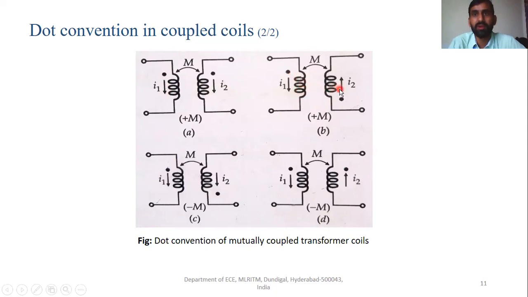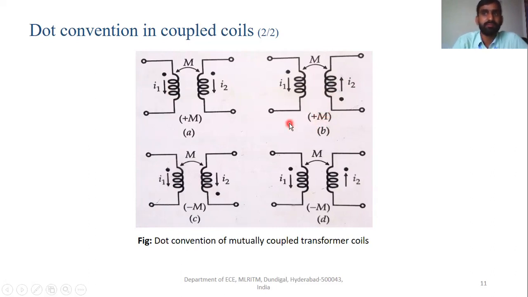In the right side of the coil, the current here also is leaving the dot, right? Here both the dot and the current directions are reversed. So that is the reason why both are leaving the dot, and that is the reason why we are having the mutual inductance as positive. Mutual inductance is positive over here, right?